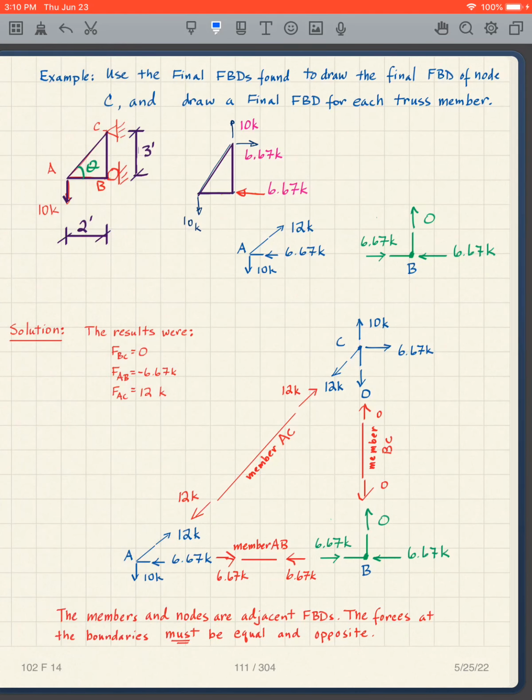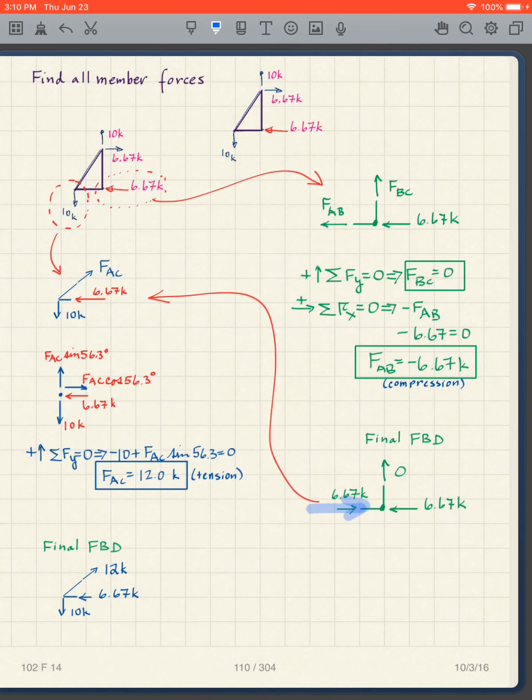So let's look at what we know then. We know that what we've determined is, if we go back here, we found that FBC was 0. So I now have all my members, right? Because I have FAC, FAB, and FBC. That's all I have, because I only have 3 members here.